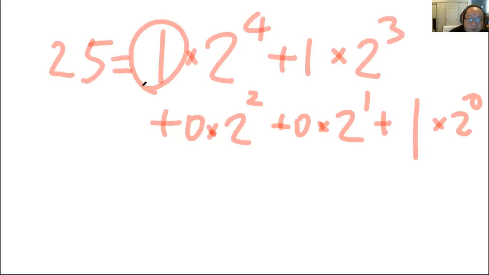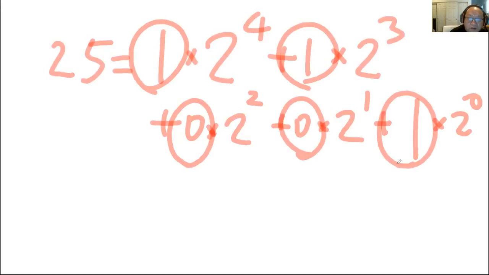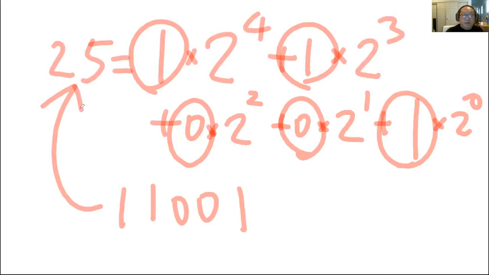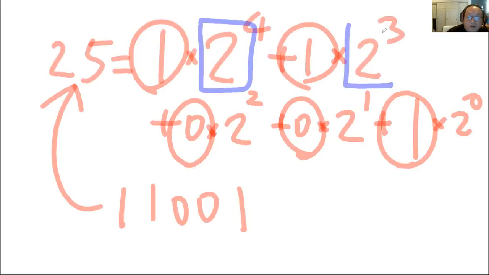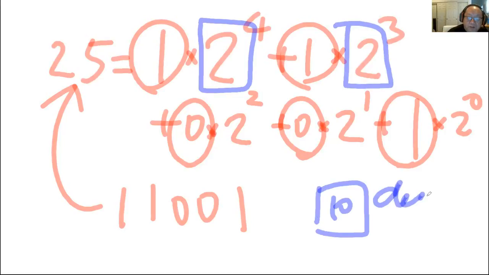So those coefficients give you 1, 1, 0, 0, 1, which gives you 25. Is that okay? The only difference between the binary system and the decimal system is that here I use 2. That's called binary. If I use 10, that's the decimal system. Is that okay?